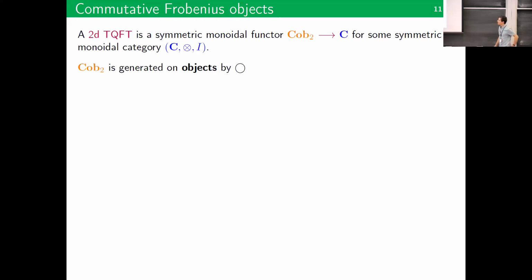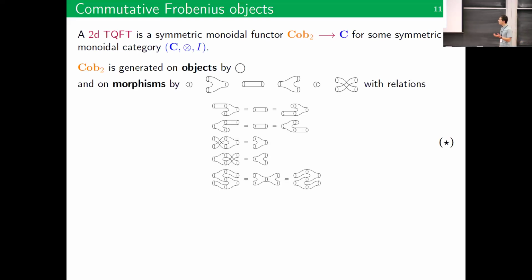So the basic idea is that this category of two-dimensional cobordisms is generated, on objects, by circles, okay, by just one circle. An object is a bunch of circles, so with just one you can generate all of them by unions. And on morphisms, it is generated by a list of 6 generators up to relations.